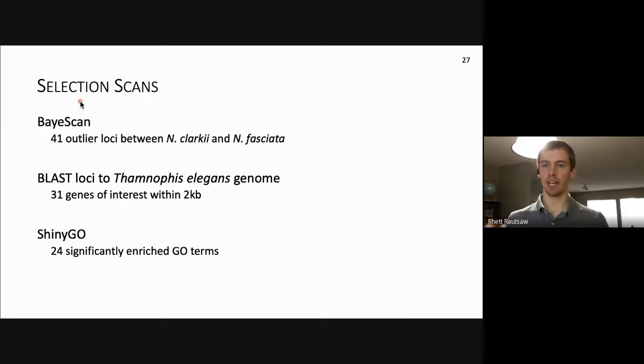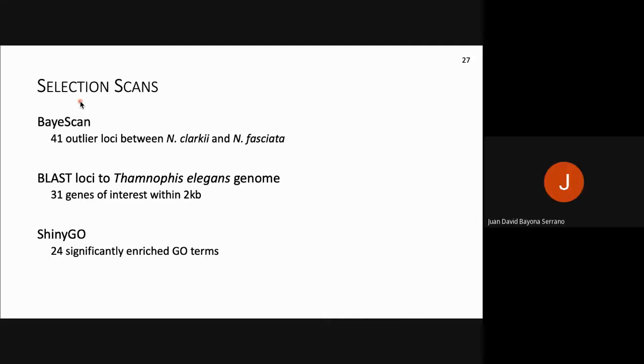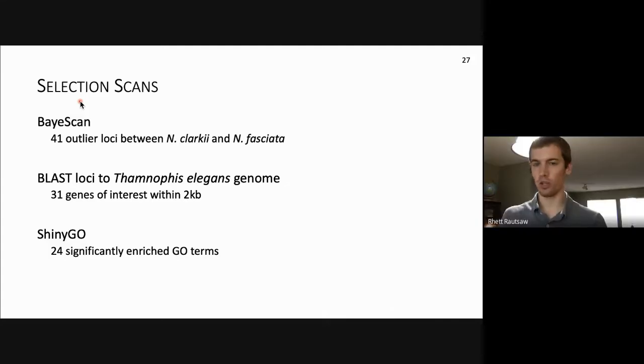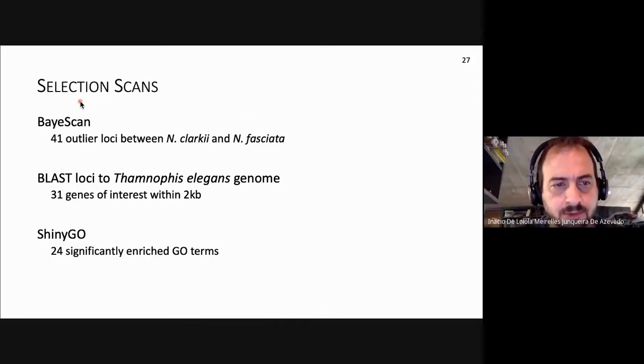And so it's identifying these 41 SNPs, essentially 41 loci, that were significantly divergent among the two populations. And actually, if you look at the allele frequencies, they're fixed for the two populations. So all of the Fasciata individuals have one allele, all of the Clarkii individuals have another allele. And this is over the whole genome.